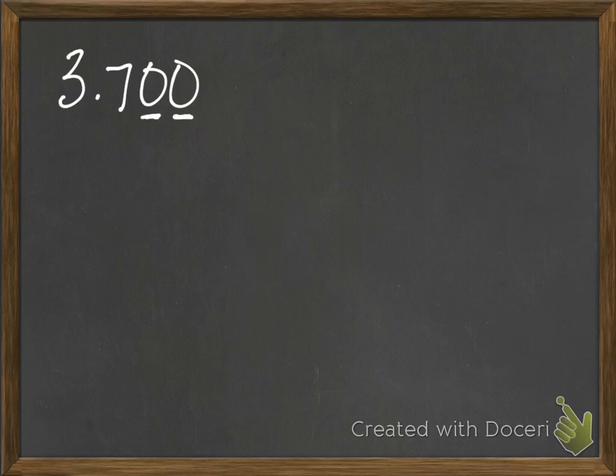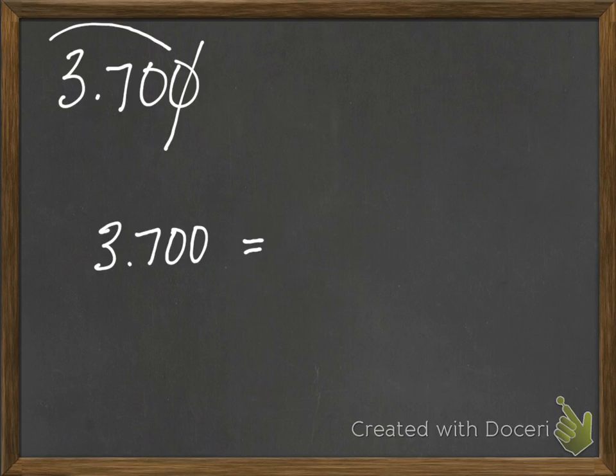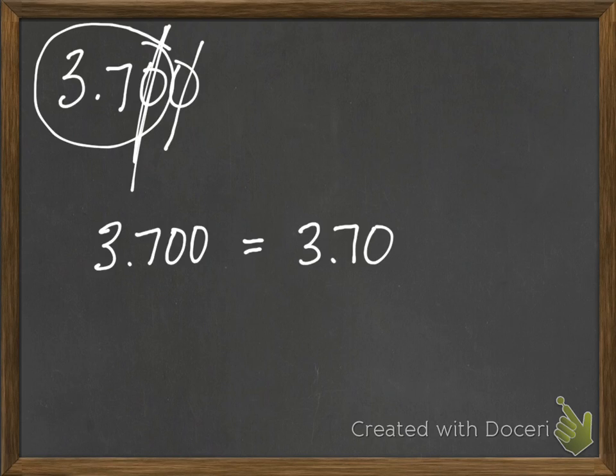The zeros on the back don't fully matter. So I could take 1 0 away. So we started with this decimal. It's the same or equivalent, it's equal to this, 3.70. And you can take the other one off, which is 3.7. All of those are equal to each other.